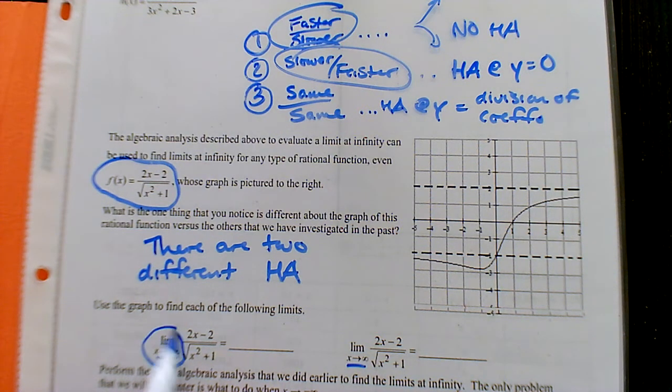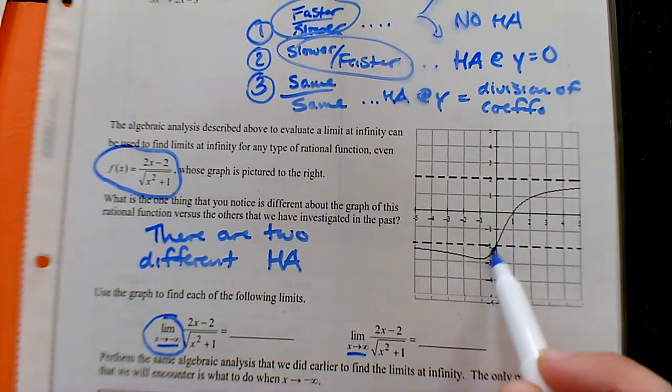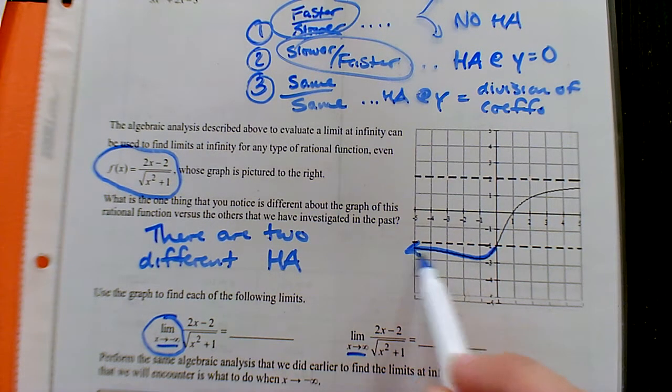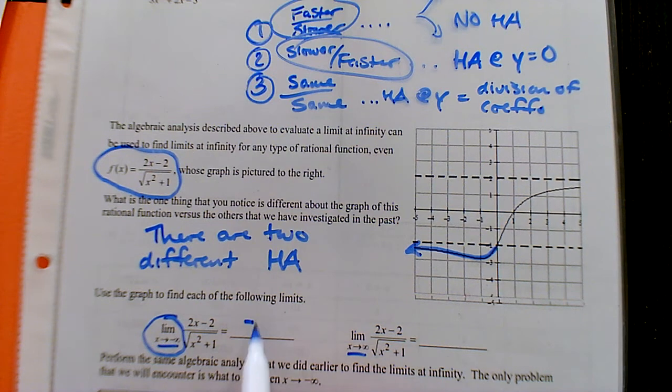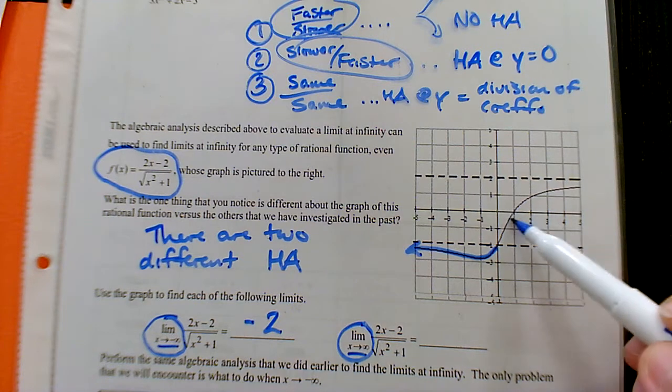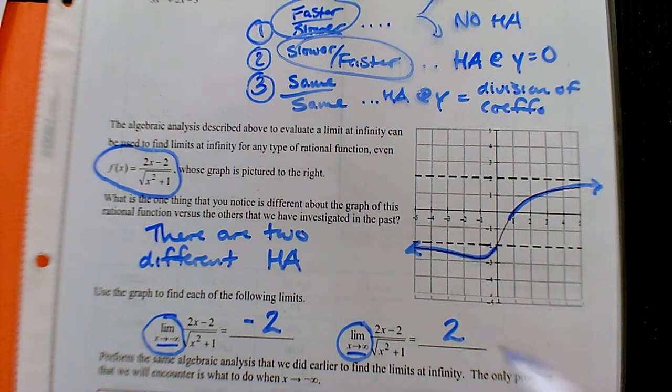If you were to trace this graph to the left, what horizontal asymptote would you approach? Can we find its value? You're approaching a height of, go ahead, Dan? -2. -2, okay. And let's say we approached the same graph forever to the right. The height you are approaching is +2.